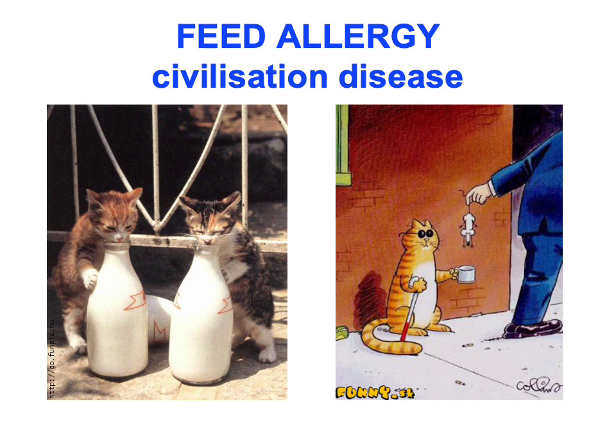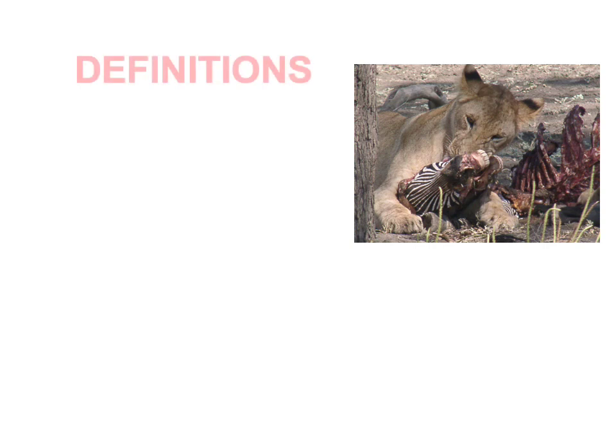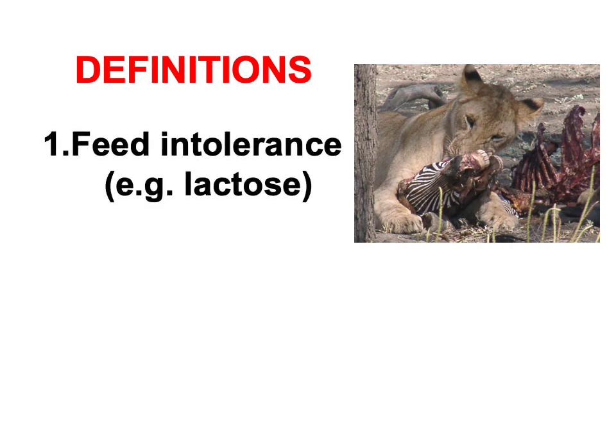The main attacking points are the digestive system, more or less with diarrhea, and the skin and the mucous membranes and the bronchi too. So you can see that we have to make differences in the definitions. Here you can see a lion, so I'm sure that no allergy at all. So the first similar situation which can cause diarrhea and sometimes skin problems is the feed intolerance.